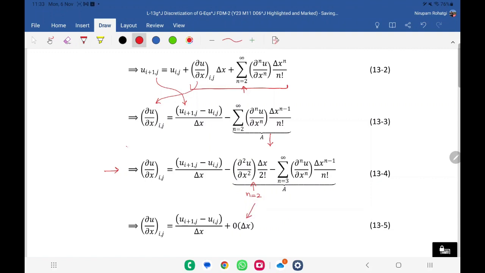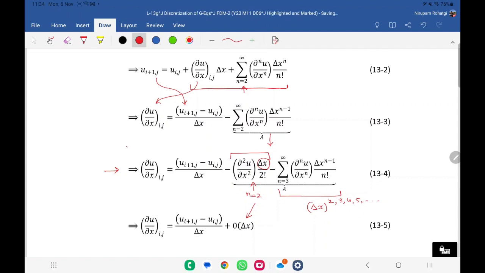If you see here, the coefficient of this is delta x, and delta x is the smallest here because you are making it very small. So all terms in this section are delta x raised to the power 2, 3, 4, 5 and so on up to infinity.